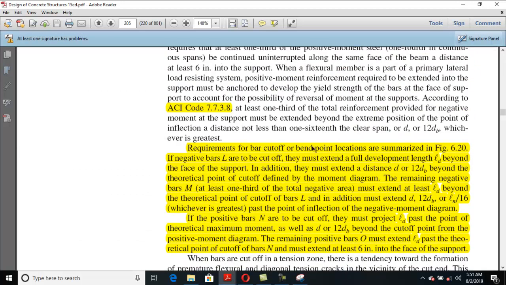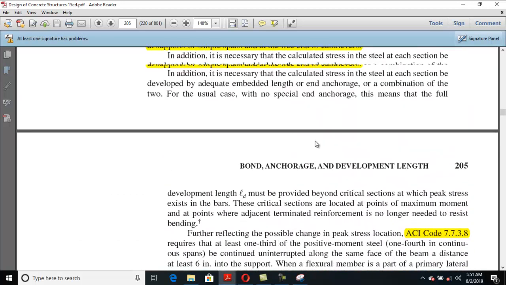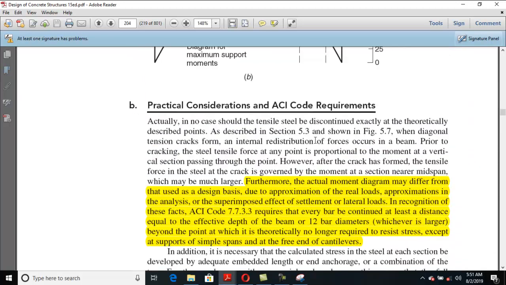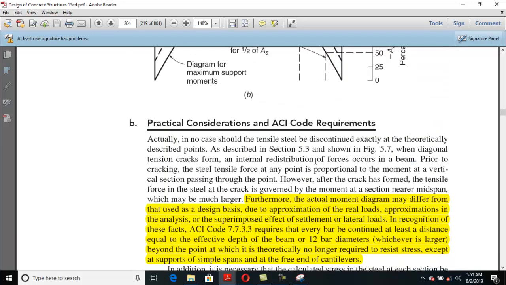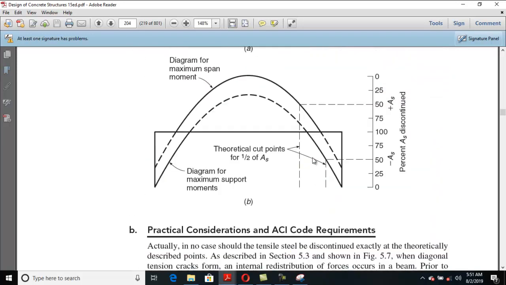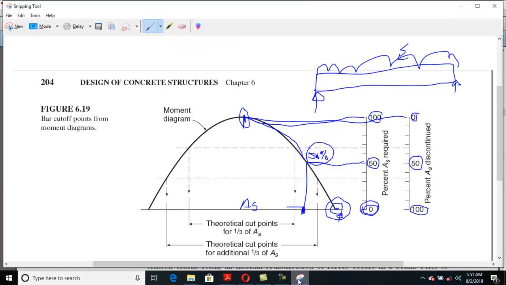In lectures 8 and 9 I mentioned this point: whenever you cut a bar in a beam, at the theoretical cutoff point there is a huge concentration of shear stress.